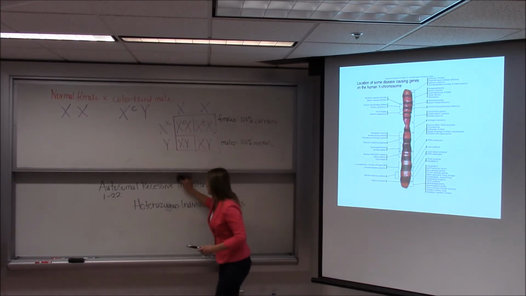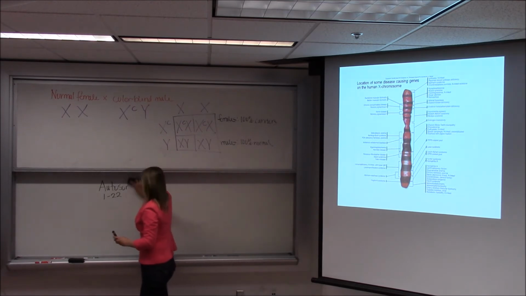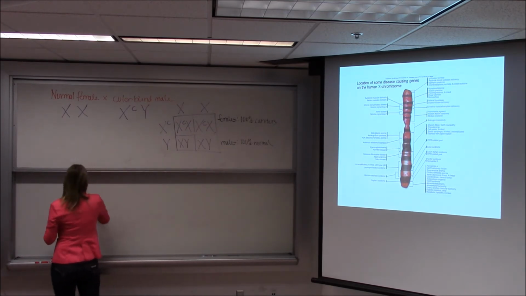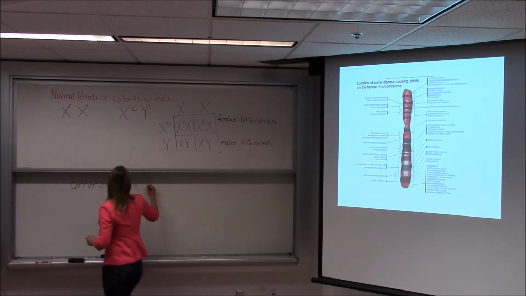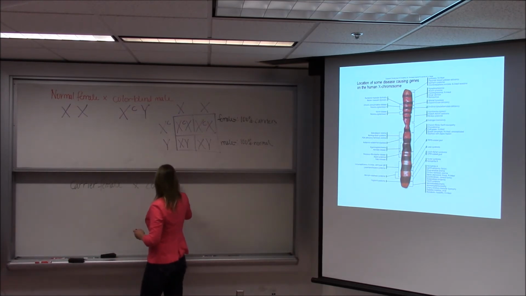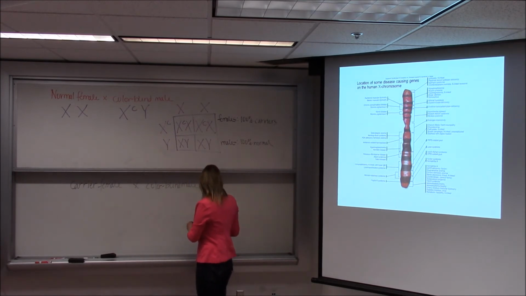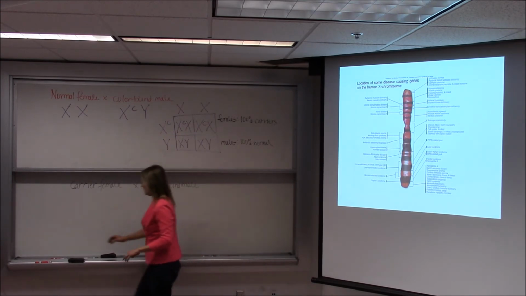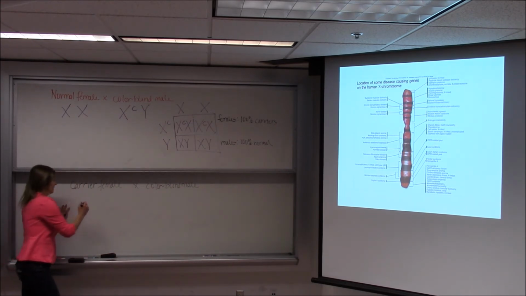What if a carrier female mated with a colorblind male? So, carrier female times colorblind male. So our carrier female, what is her genotype going to be?